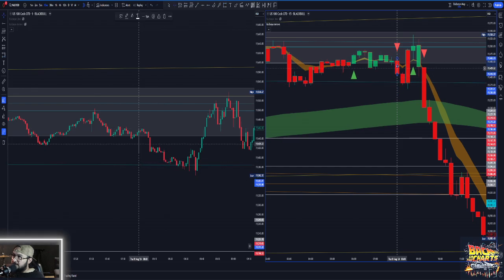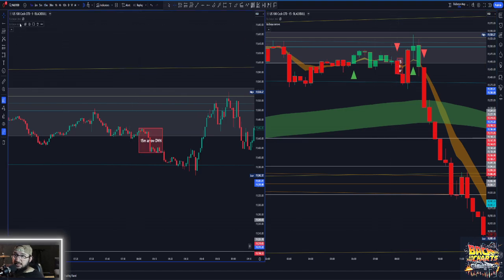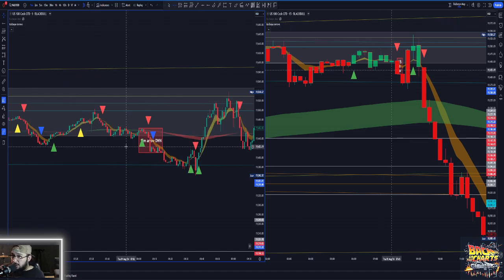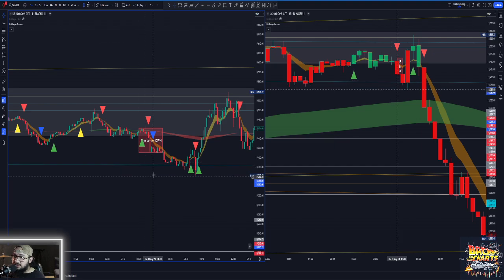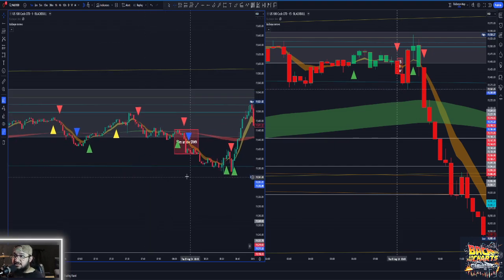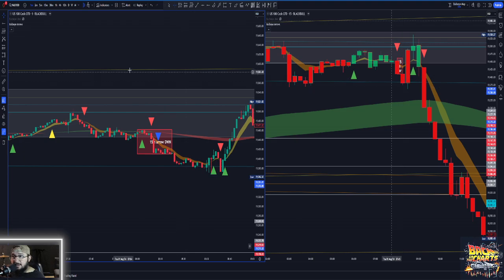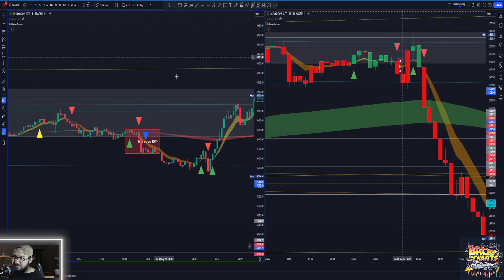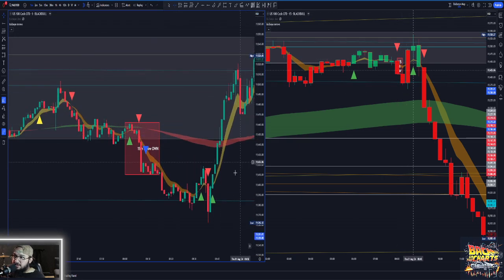Red arrow down with a green cloud on 15. Now we want to look at what is the cloud on 1 minute. Well, we get a red cloud. So now it would be important to just kind of sit tight and watch how price opens.